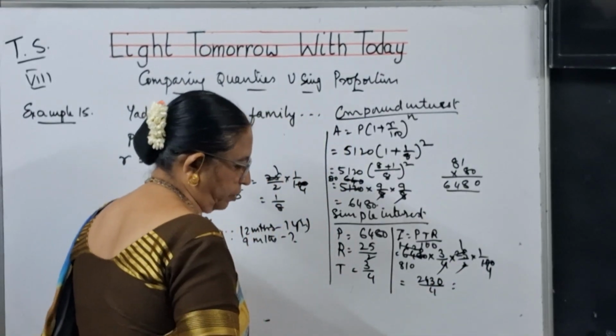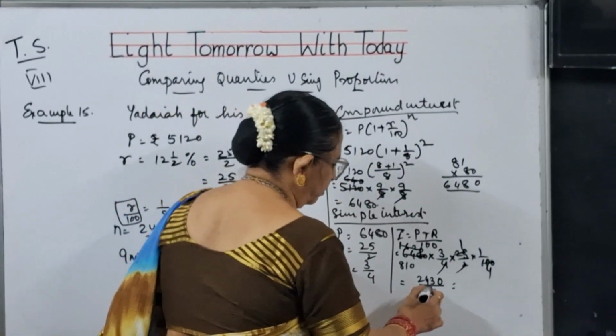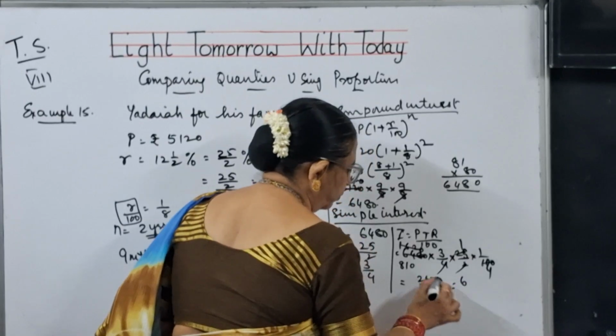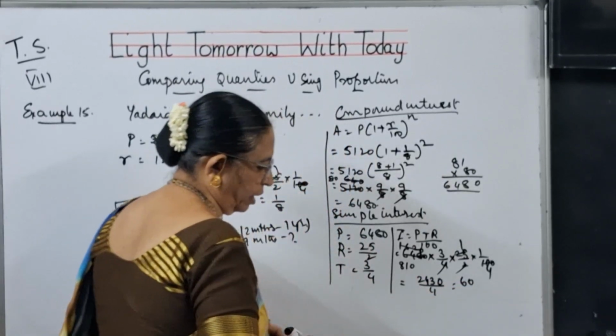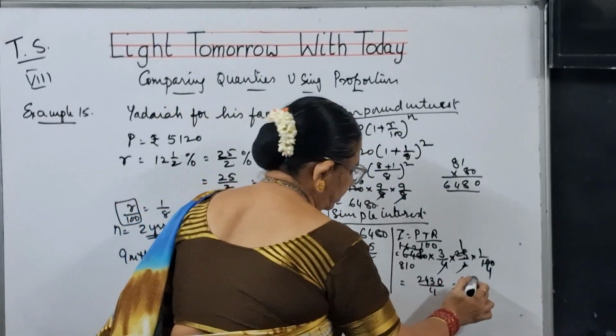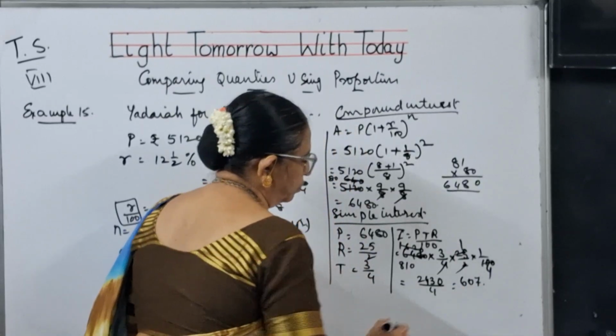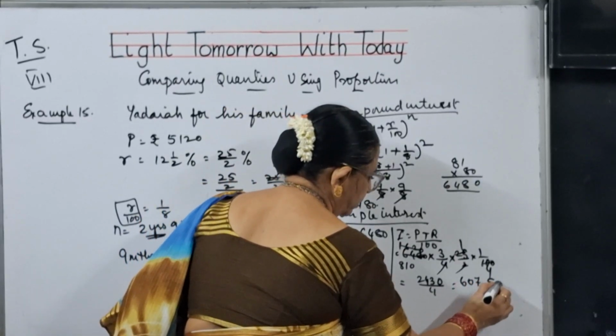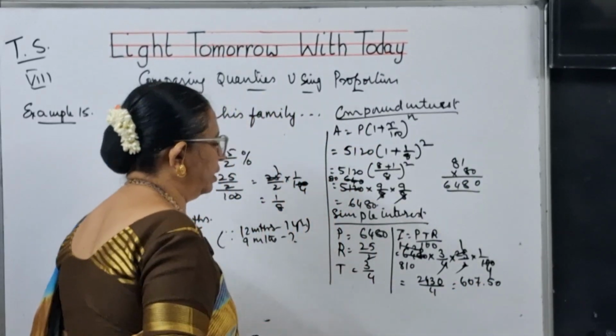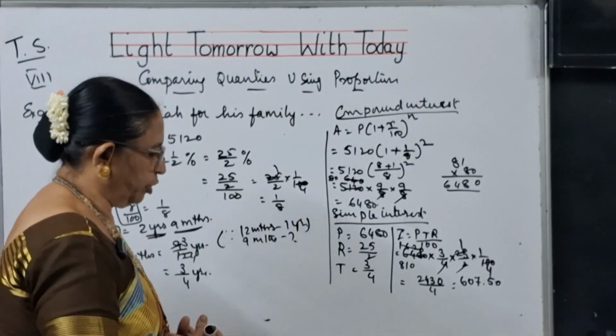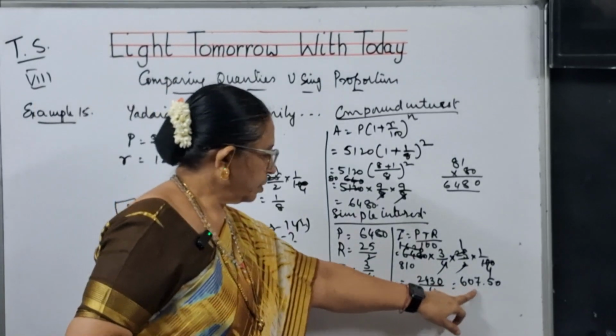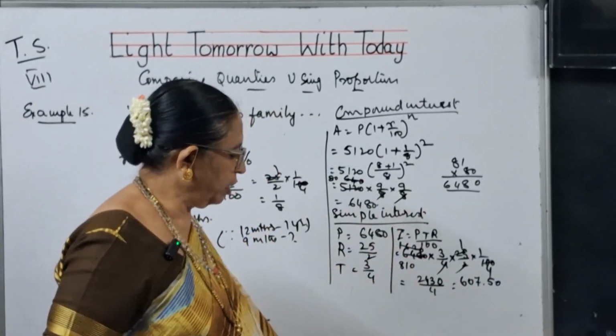So how much are you getting, children? 4 6s are 24, 0, and then 4 sevens are 28, 4 fives are 20, 0. So 607 rupees 50 paisa is the value I you have got.